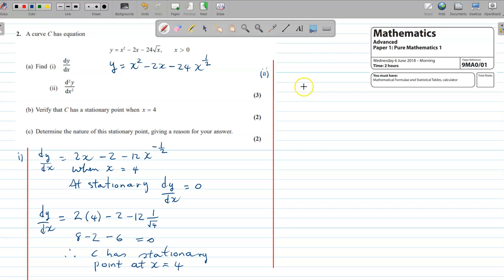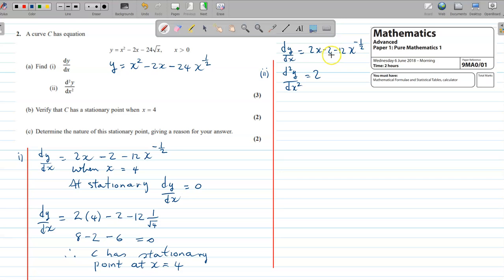We want to find the second derivative. So let's write the first derivative here first, dy by dx. We got 2x minus 2, and that's minus 12x to the minus 1/2. So the second derivative then, when you differentiate this, we're going to get 2.